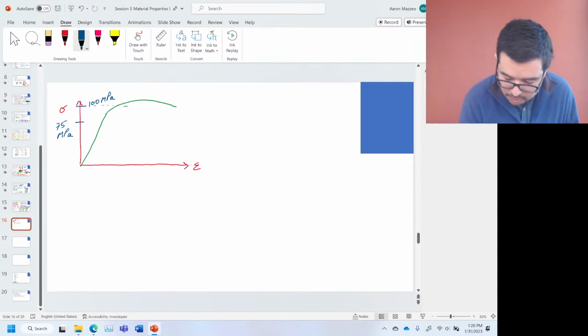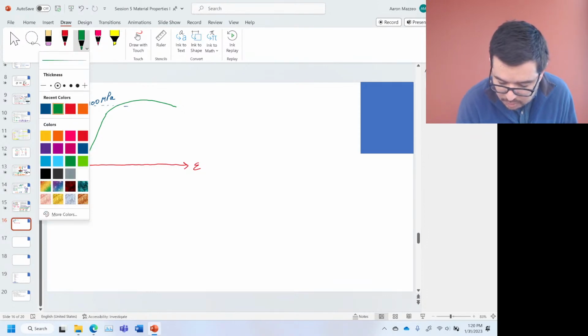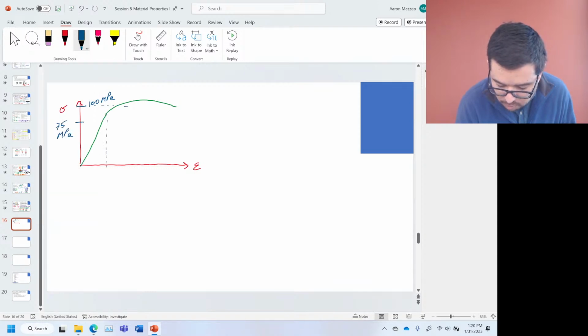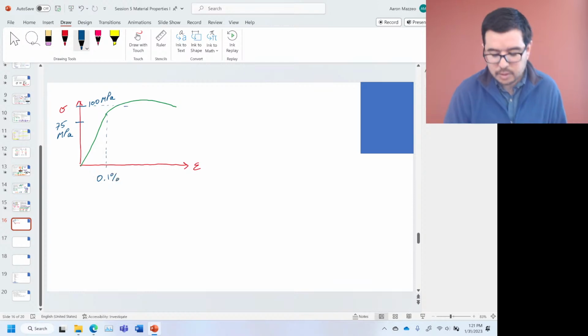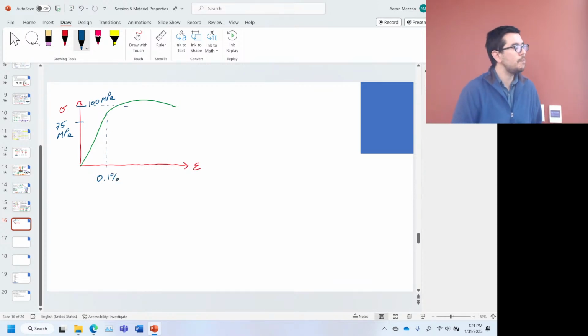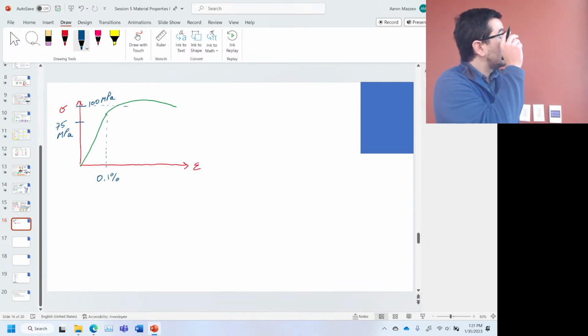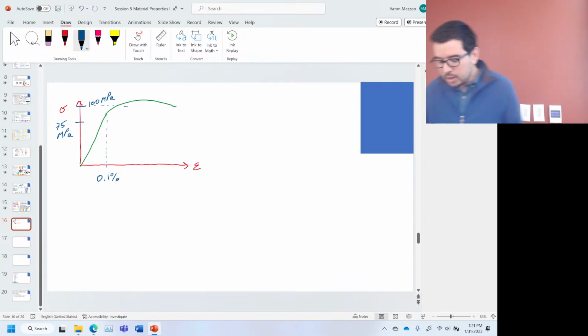Let's say that this value right here is 0.1%. I'm going to copy this because I want to do a couple different things.